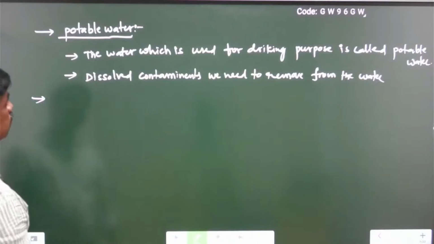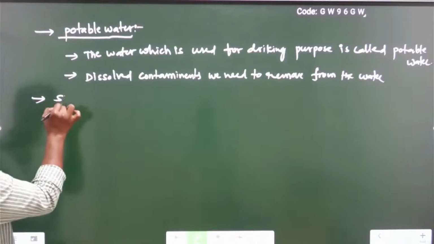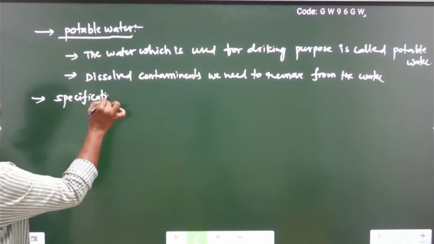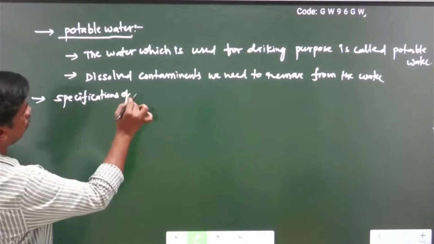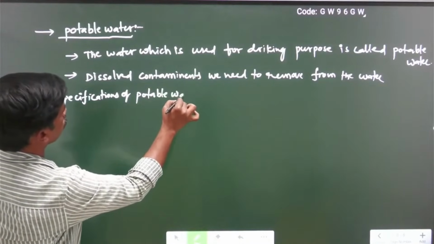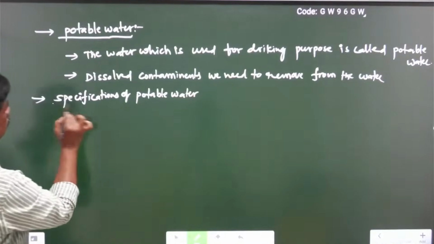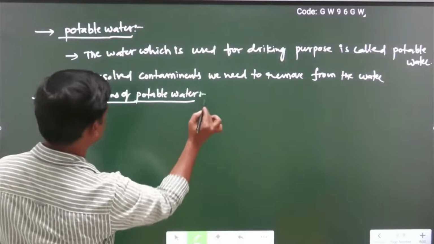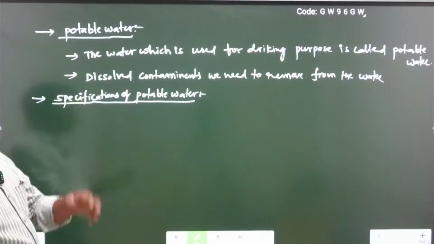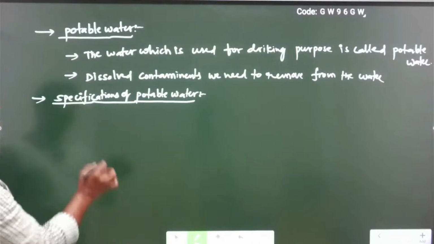Next we have the specifications of potable water. Listen. Potable water has some specifications.